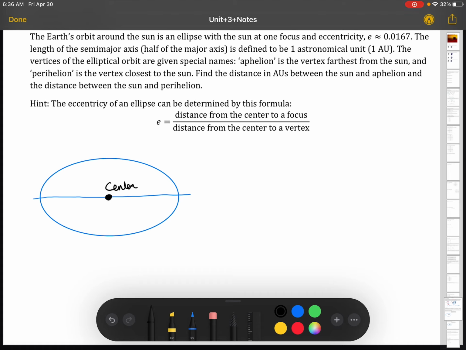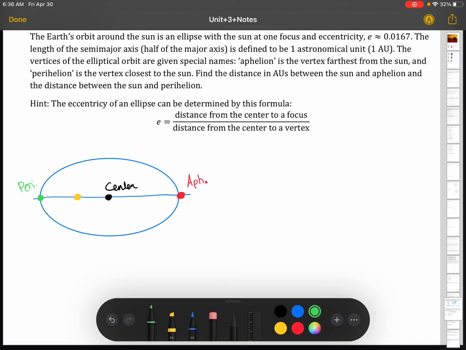And they tell us at one focus, we have the sun. So here, the yellow dot is the sun. They tell us that one of the vertices is aphelion. So aphelion is over here, farthest away from the sun. And then we have perihelion, and that is the vertex that's closest to the sun.